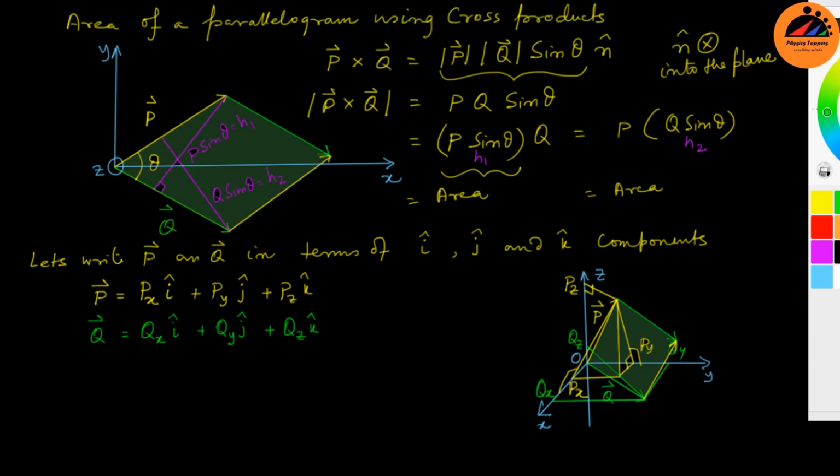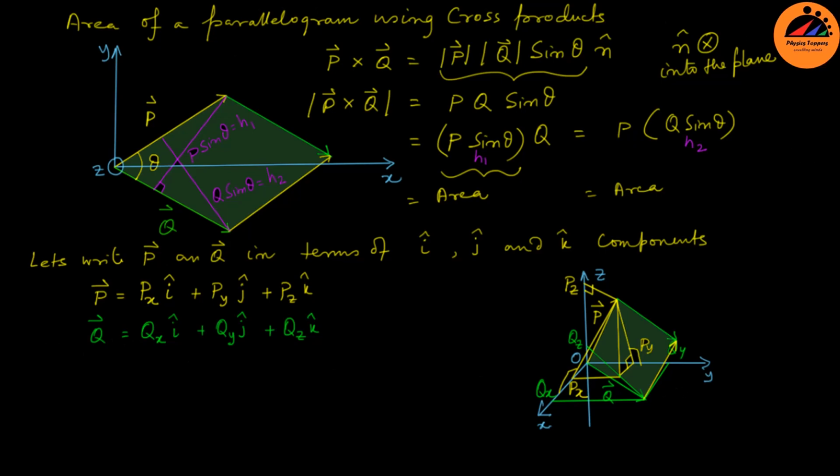And I want to just mention, I shall prove it later, why this cross product takes the form of a determinant. Anyway, so let me do this. P cross Q is basically, if you take a determinant like this, you have done this.